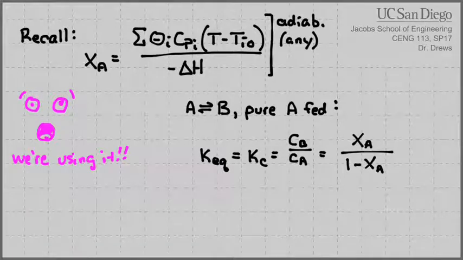If we calculate that conversion using the K_EQ value, this happens to be the equilibrium conversion. So just to distinguish between the two, I'll put X_EQ here, because that's the X we're going to calculate if we only knew that the thing was operating at equilibrium.